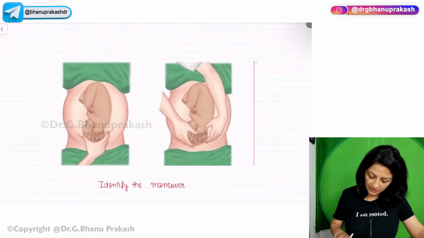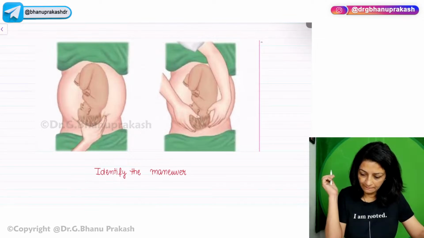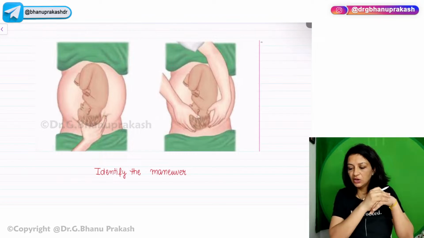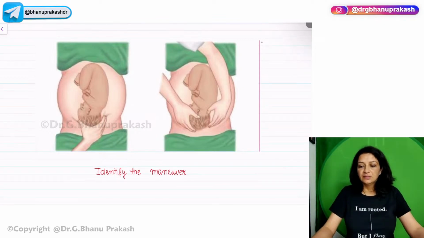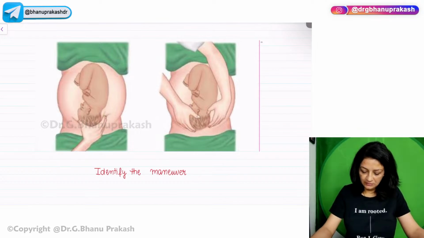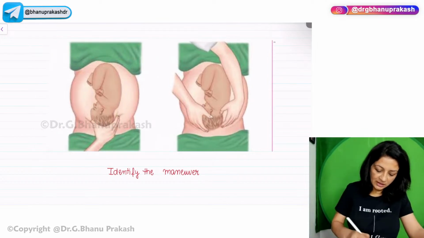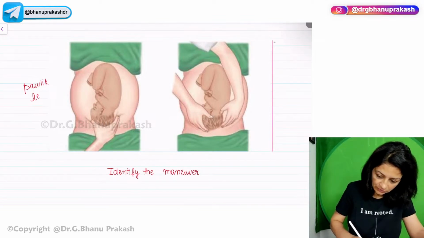Next one, identify the name of the maneuvers. Identify the name of the maneuvers. Leopold maneuver. First one is Pollock grip.